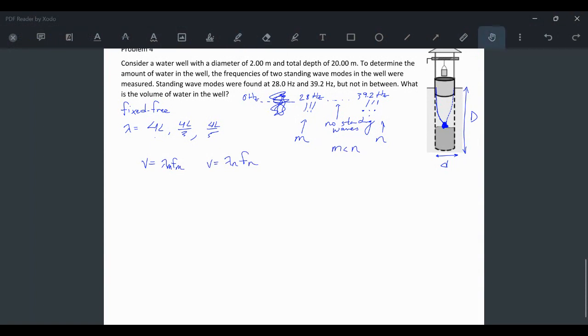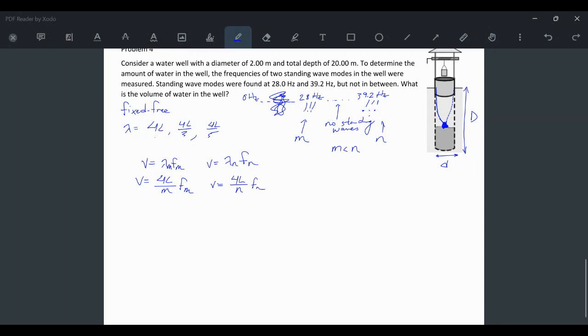Okay. We want to write in what is the length in terms of the geometry that we're working with. So it's 4L over m times the frequency. And we can also do the same thing over here, 4L over n times the frequency.